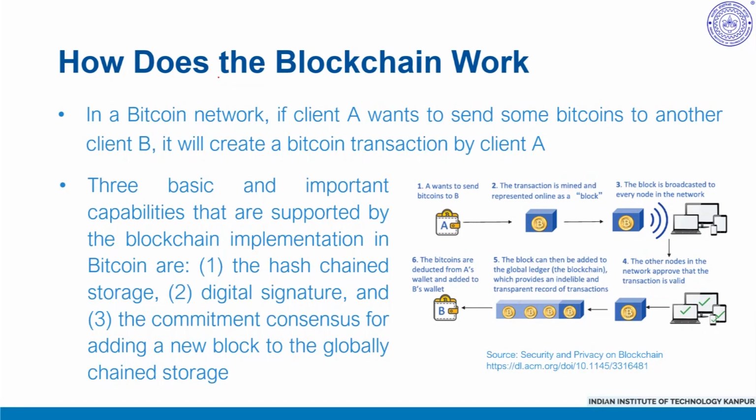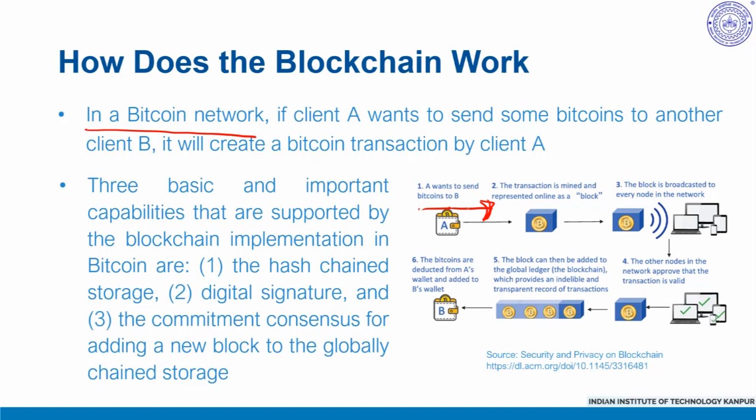So to summarize this transaction, a blockchain functionally serves as a distributed and secure database of transaction logs. And in a Bitcoin network, let's say client A wants to send some money or Bitcoin to B. Now the blockchain will initiate this transaction on behalf of client A. So client A will initiate the transaction.